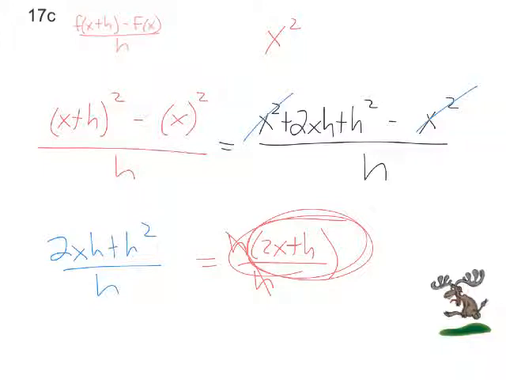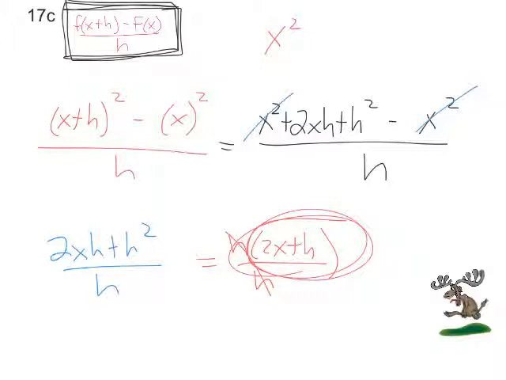So again, we're going to learn shortcuts to these problems, but for now we need to understand the basic difference quotient right here. So this is sometimes referred to as a difference quotient, which is a piece of the definition of the derivative.